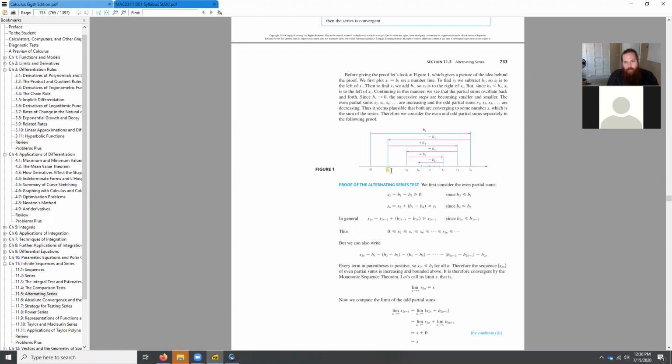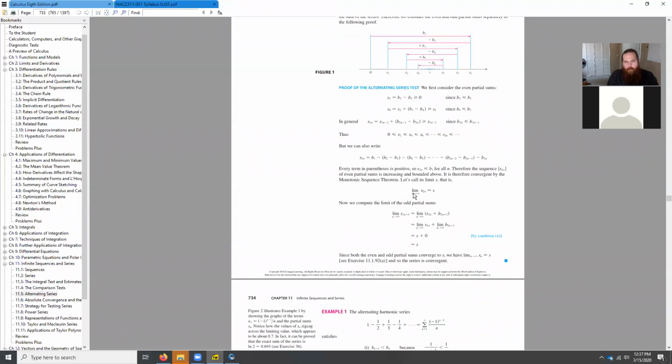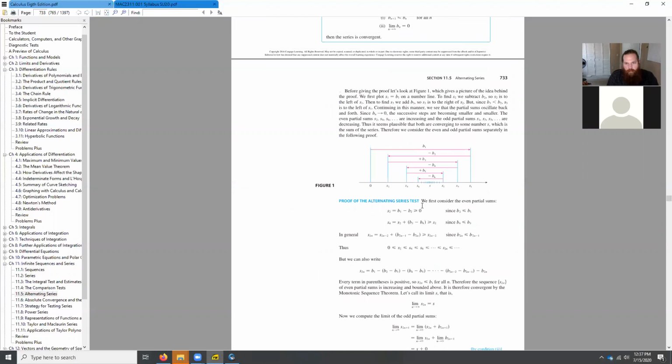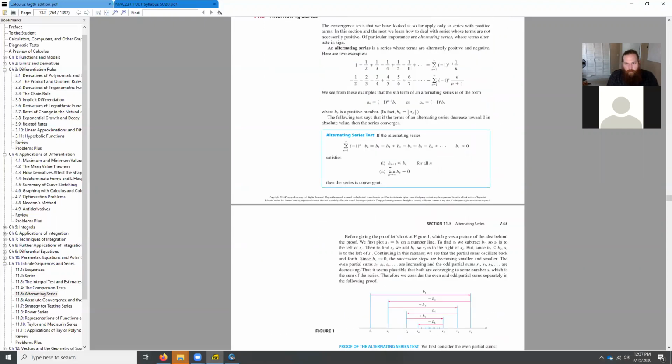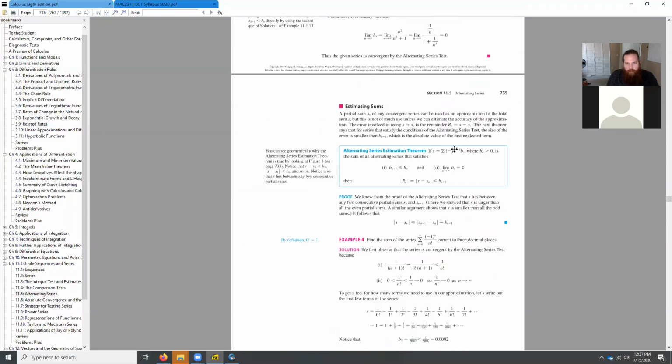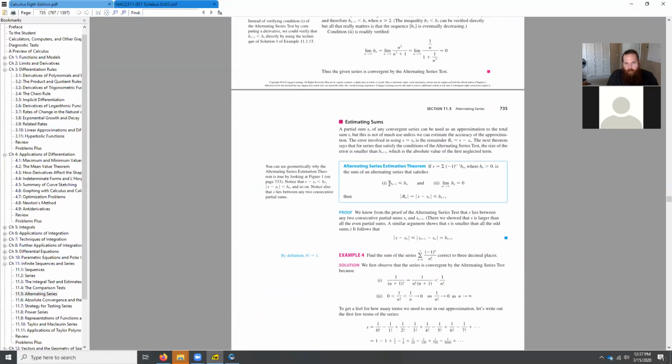Then the distance from here to here has to be smaller than the distance from here to here, but that's B3. So in general, the distance from S to Sn is always less than Bn plus 1.